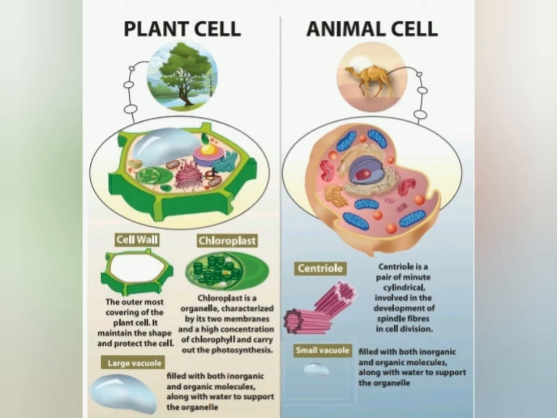The vacuoles are present in plant cell and animal cell also, but the plant cell contains large vacuoles. In animal cell, the vacuoles are small, and they are also filled with inorganic and organic molecules, along with water to support the cell organelles.